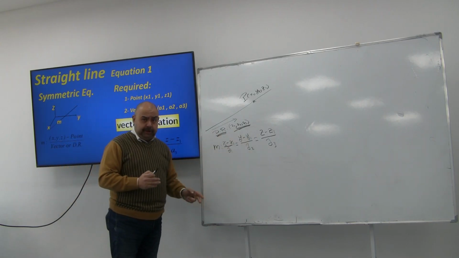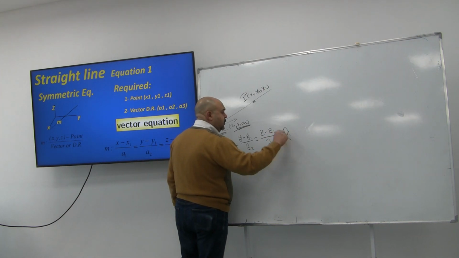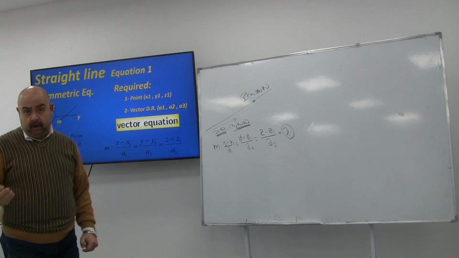All these ratios are equal to each other. So simply, I can say that it's equal to lambda, which is some constant value, belonging to R.